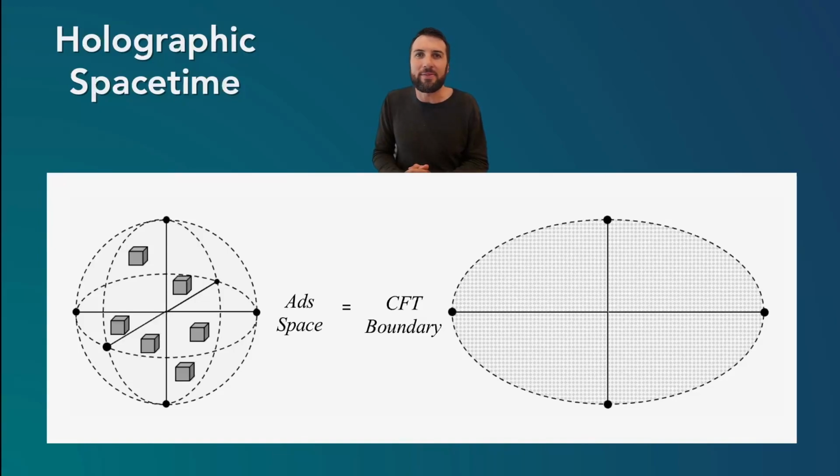Basically, anti-de Sitter space can be equivalent to a CFT boundary, which is conformal field theory, basically a field theory on a boundary. The idea here is that a boundary can have all the information and that can be perfectly equivalent to three-dimensional information.